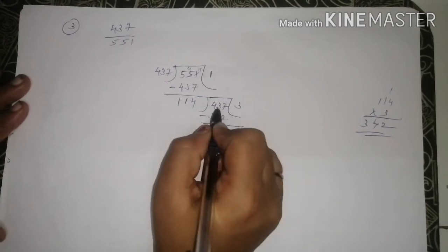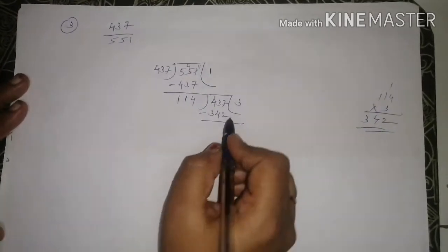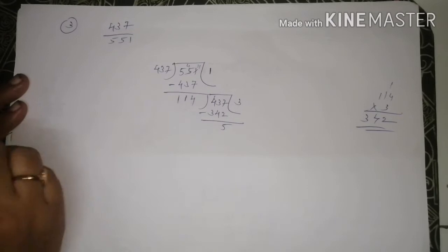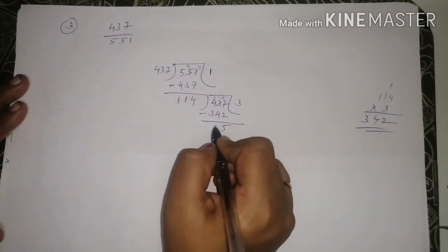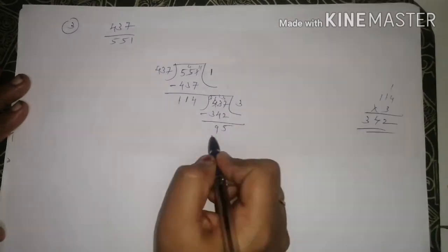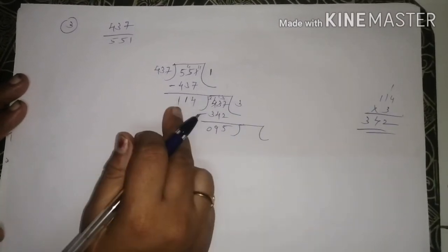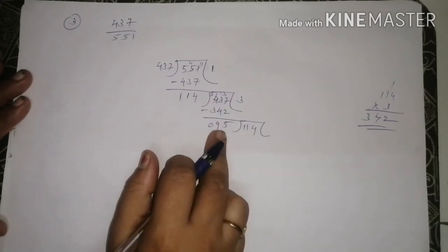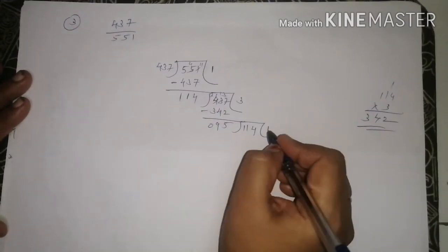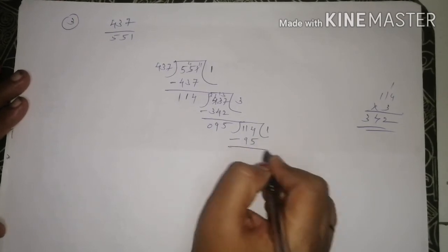So 437 minus 342: 7 minus 2 is 5, 13 minus 4 is 9, 3 minus 3 is 0. Now 114 is the second divisor. In the 95 table, the nearest will be 95 ones, 95 only.